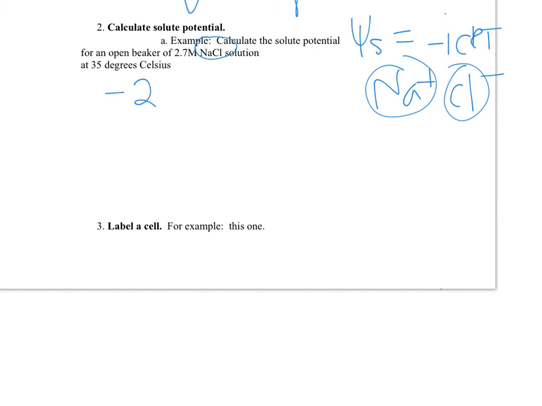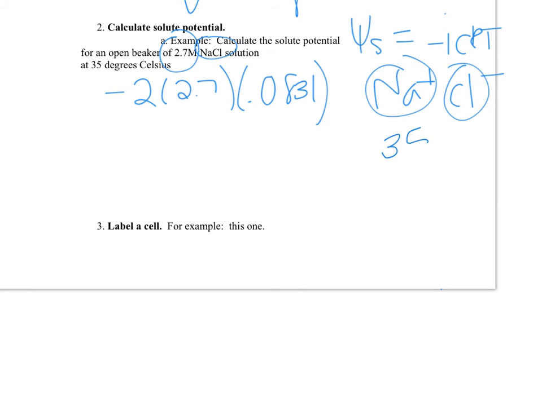Your C is the molar concentration. It's given in the problem as 2.7. Okay. R is always the same. It's going to be on your formula sheet. If you don't remember, it's 0.0831. And then you multiply that by temperature, which is 35 degrees Celsius, which you need to convert to Kelvin. All right, so do that. We're going to take our degrees Celsius and add 273 to it.